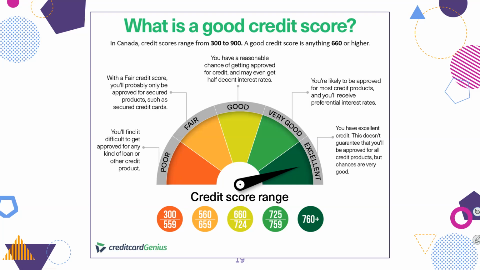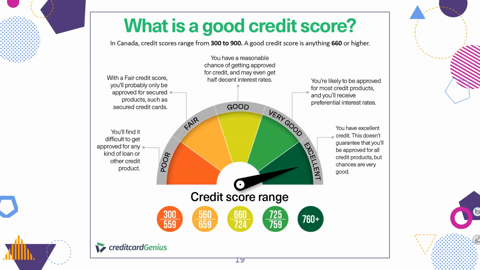You're good at borrowing money and then sending it back. A fair credit score is between 560 and 659. So you're probably only approved for secure products such as secure credit cards. So you won't have as many options.